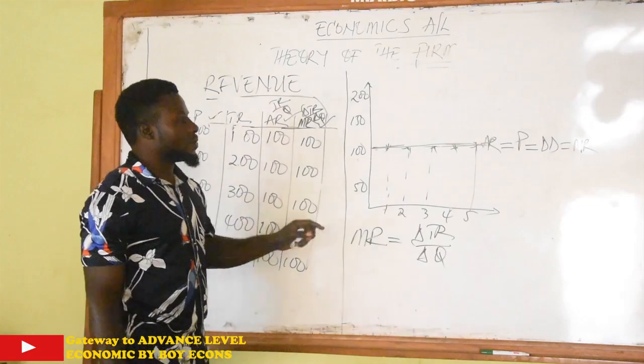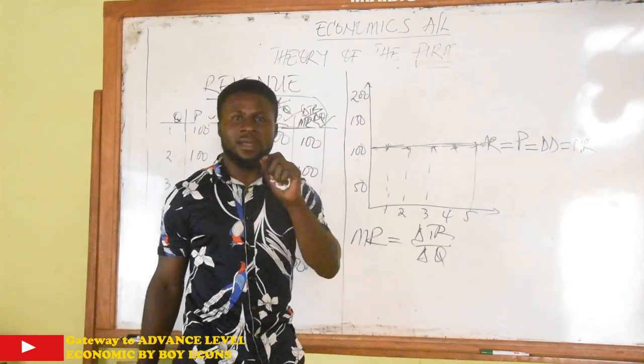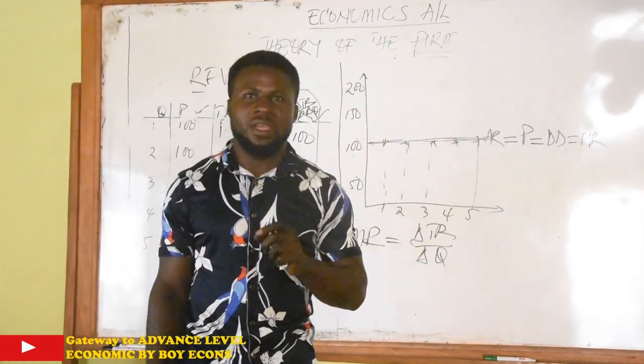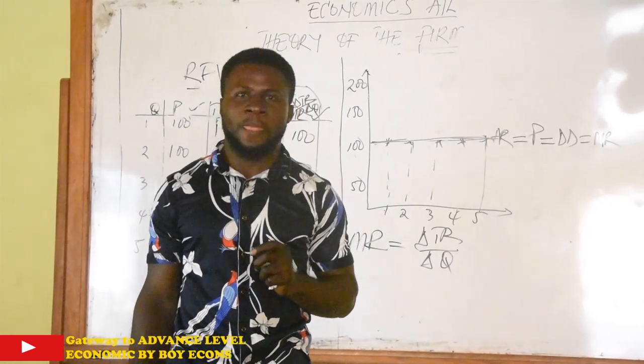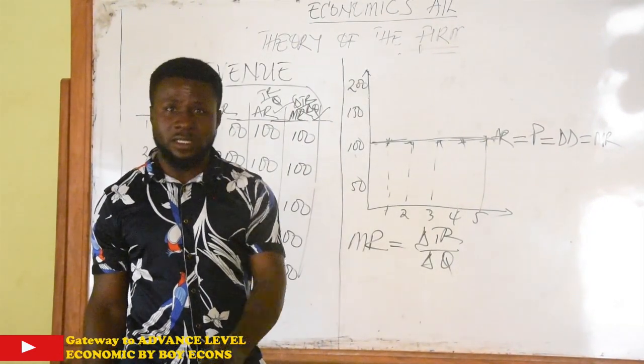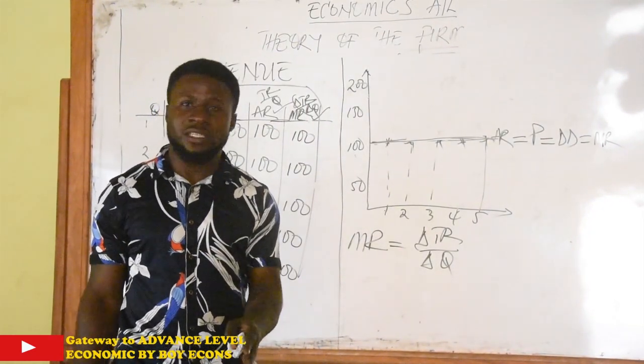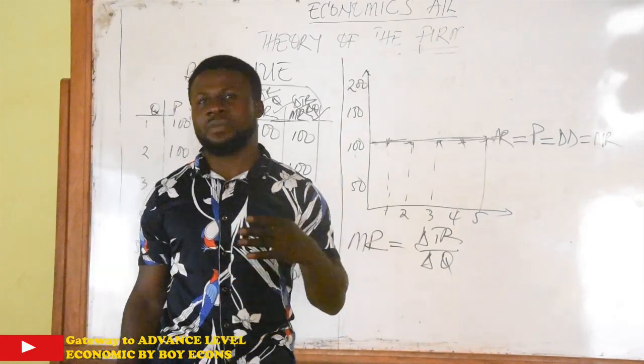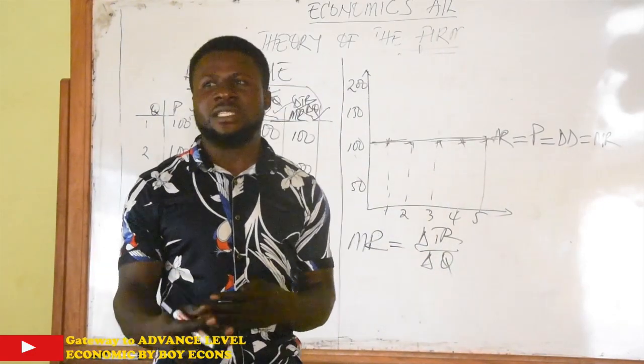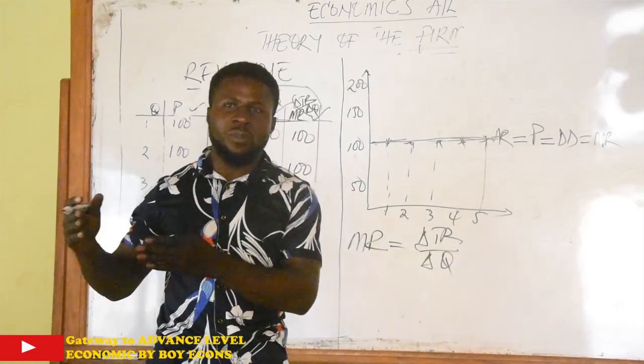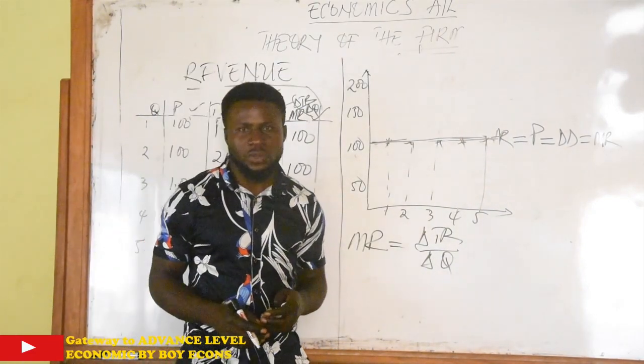But mind you, this happens only if we are under perfect competition. If we are under imperfect competition, average revenue will not be constant because prices will be changing. Marginal revenue as well will not be constant because the prices will be changing as more is being bought or sold.